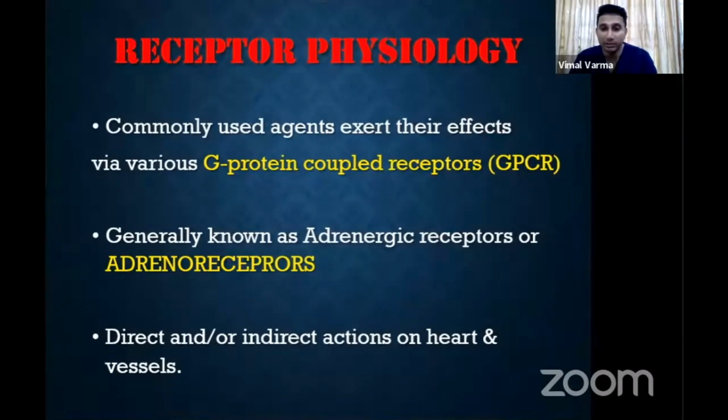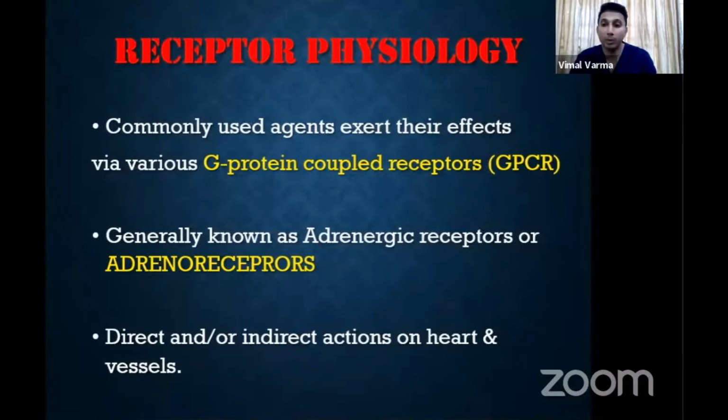Commonly used agents, as I mentioned, all the 5 agents exert their effects via various G protein coupled receptors, GPCR. Generally, they are known as adrenergic receptors or adrenoreceptors. Why? They stimulate the adrenergic system, or they cause action by altering the adrenergic system, which is the autonomic system, which can be sympathetic or parasympathetic.